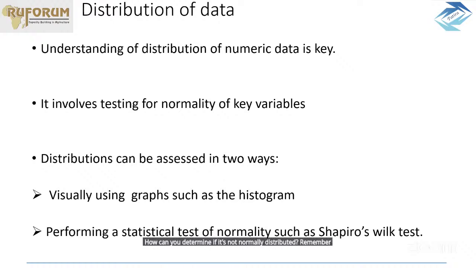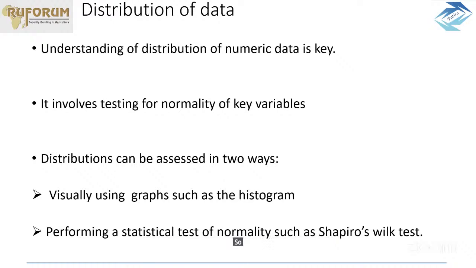Remember, it's important to know the distribution because it helps you to choose the right statistical tests. We have tests that we use when data is normally distributed, and tests that we use when data is not normally distributed.